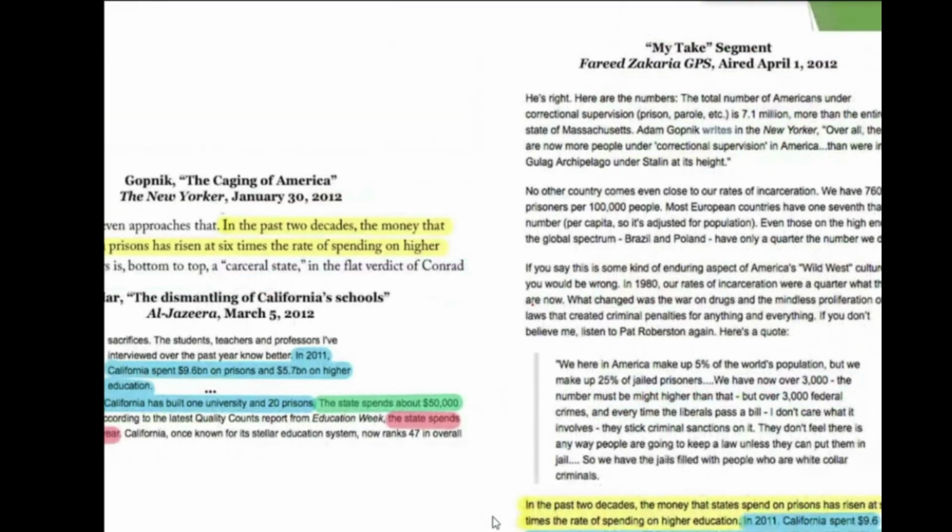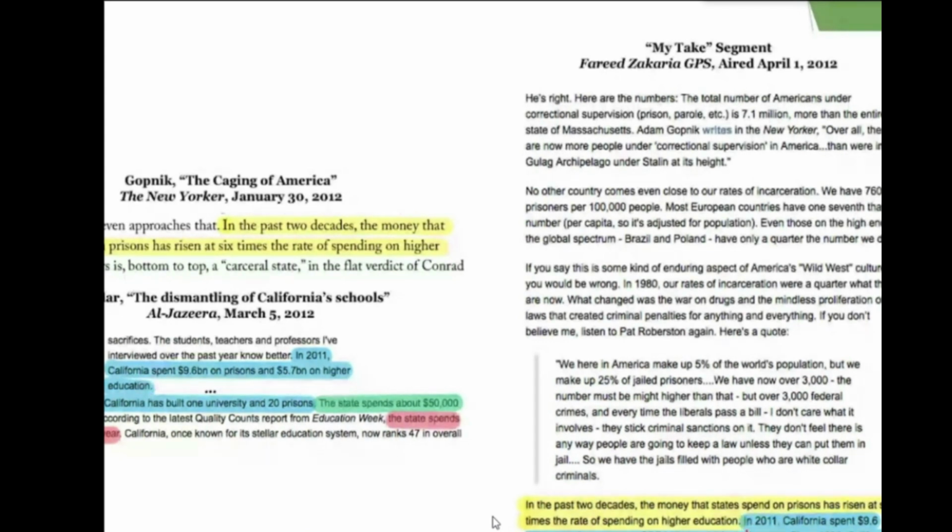There is yet another form of plagiarism that you would notice here, which is a clear plagiarism. In 2011, California spent $9.6 billion on prisons and $5.7 billion on higher education. Now you read it here on the right side.